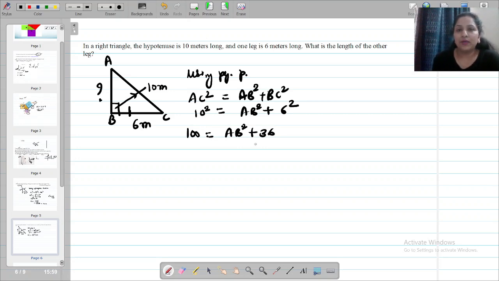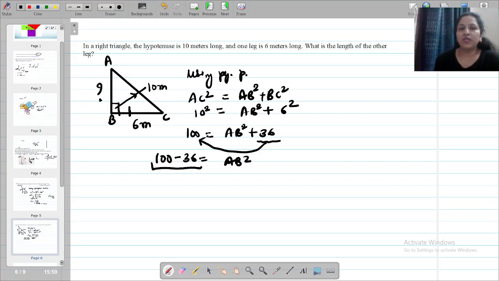Now, if a number is being added on one side and I take it to another side, transposing it, plus becomes minus, minus becomes plus. It is plus 36. So, if I take plus 36 on another side, it will be 100 minus 36, which is AB square.